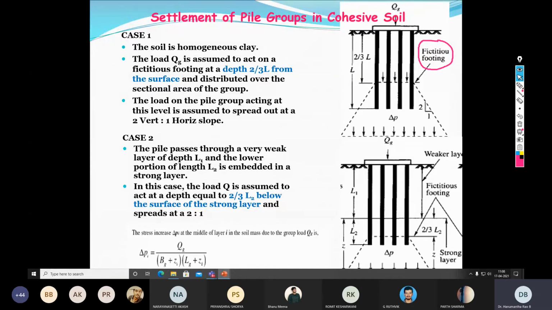So this layer of weak soil is completely ignored for all calculations. We only consider the pile length L2 embedded in the hard strata. Only that strata is considered for the calculation of the consolidation settlement. So within the depth of L2, we assume the location of the fictitious footing at a depth of 2/3 of L2.